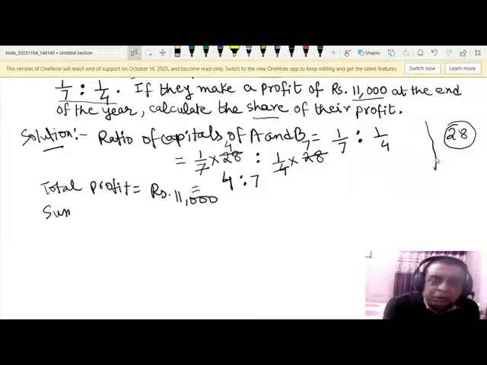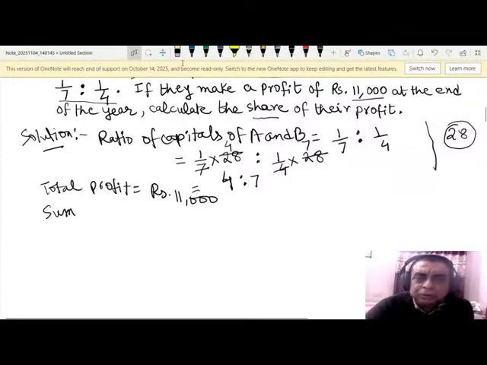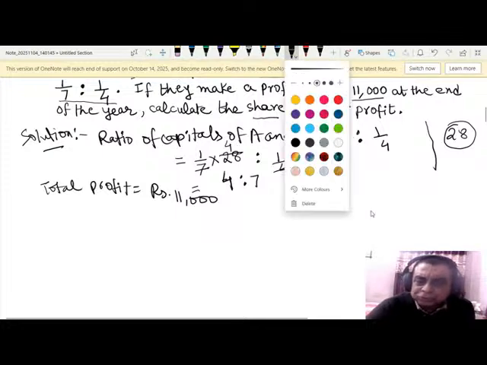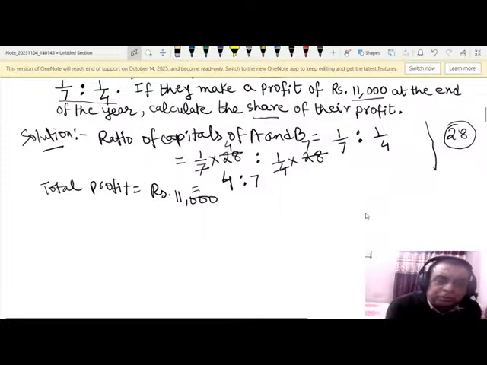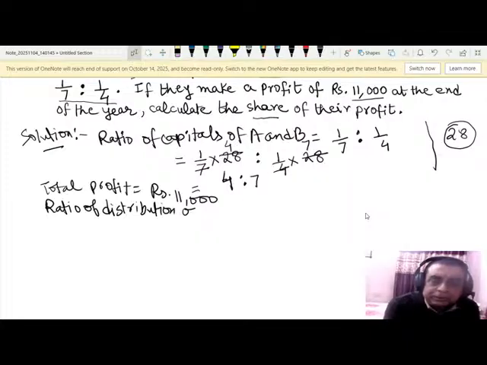So the ratio of distribution of the profit will be the same ratio in which they have contributed the capital.